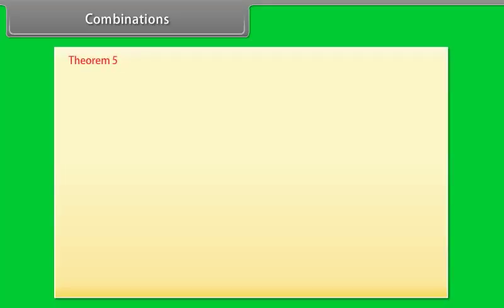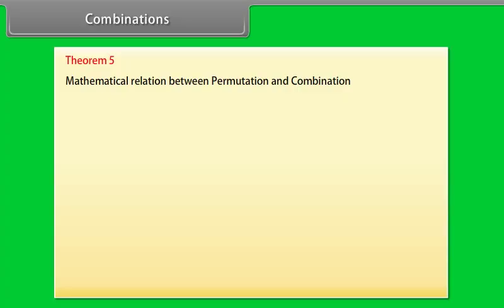Theorem 5. Mathematical relation between permutation and combination. nPr is equal to nCr into r factorial, where 0 is less than or equal to r is less than or equal to n. Important results. 1.